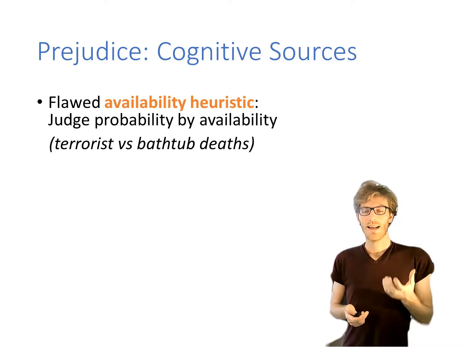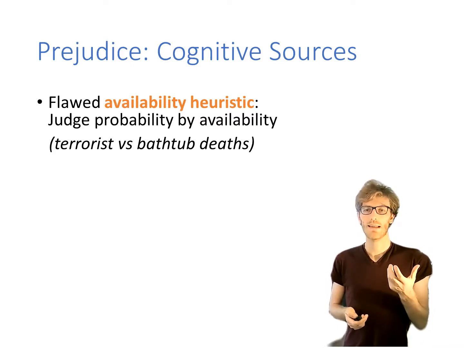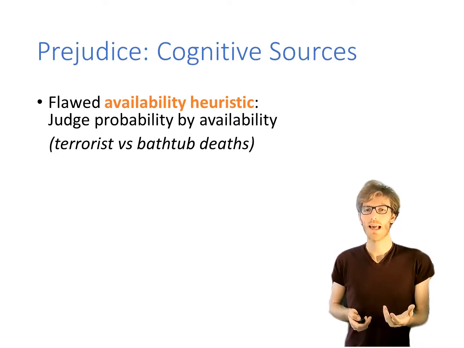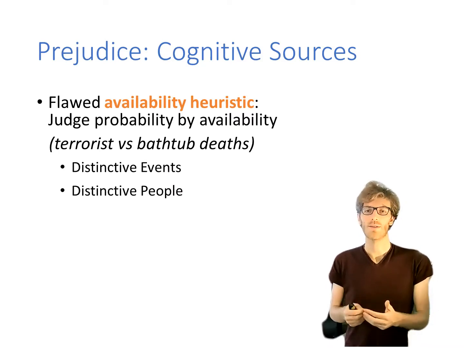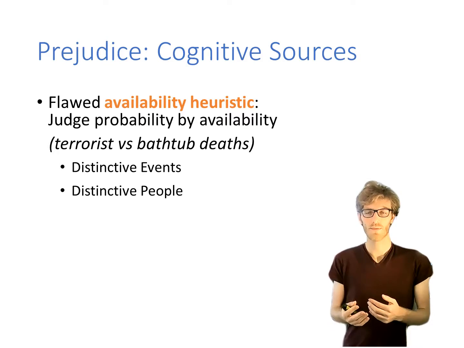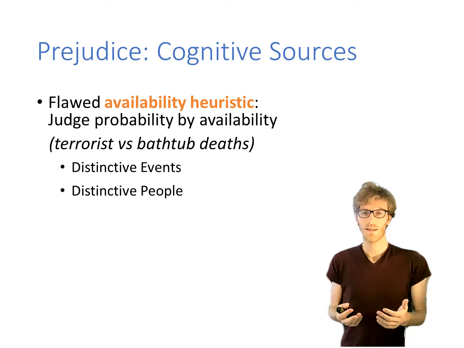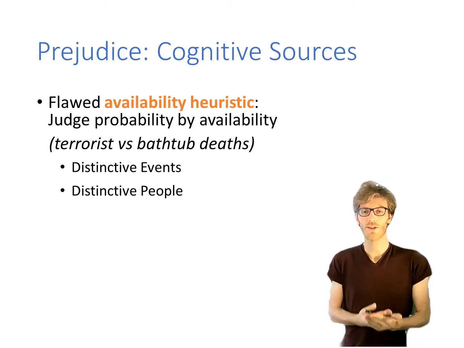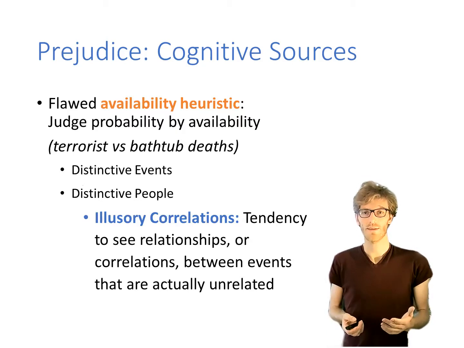And the link to prejudice is now that the most salient, the most available examples tend to come when distinctive events are combined with distinctive people. So if I have a small group and a rare event, and those things are reported together, I might develop this illusory correlation.